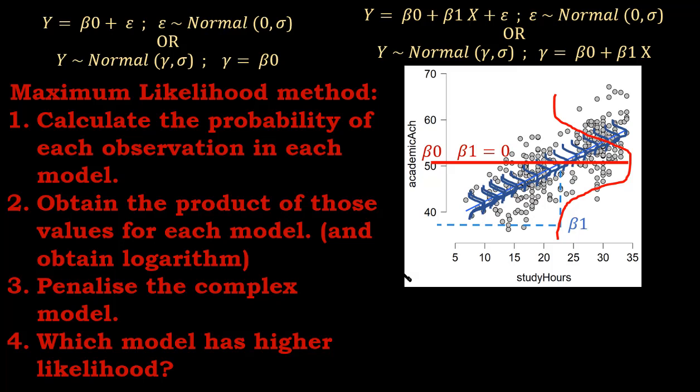This is because when you deal with probabilities and multiply them, let's say you have a probability of 0.4, and you multiply that by a probability of 0.01, and then you multiply by 0.001, and so on and so forth, for 300 observations, that number is going to be very low. When you multiply values lower than 1, the values become lower as you multiply them.